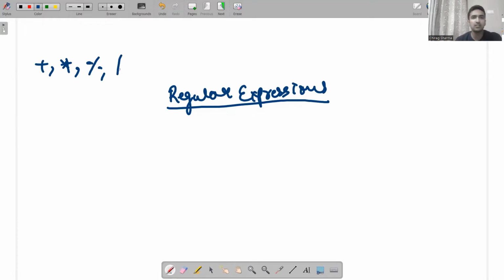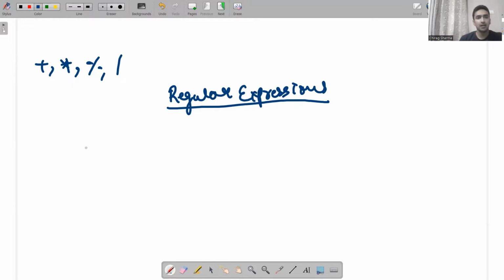These are all the operations which are used in arithmetic expressions. But in finite automata, arithmetic expressions have nothing to do with the operations that we are going to do. So in regular expressions, we have certain kinds of operations, and how any string is accepted by a regular expression, and how we can represent our finite automata with a regular expression. That's the motive of it.